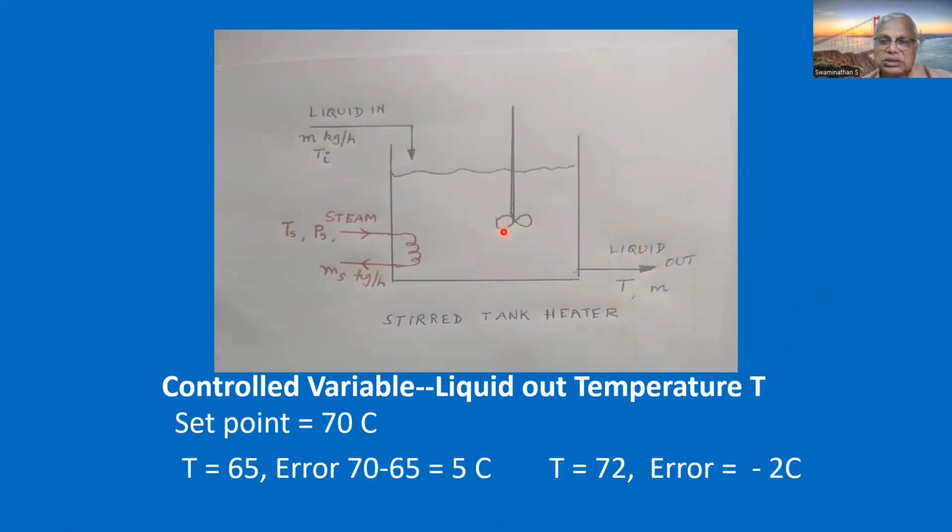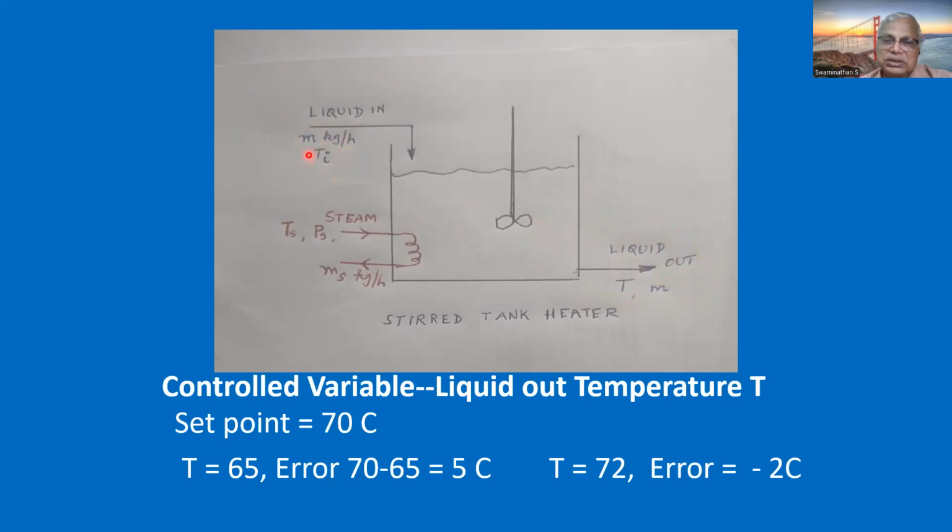I have designed this process for some particular value of m. If there is a difference in this flow rate, that can change this control variable, is it not? If this liquid inlet flow rate suddenly increases, then the liquid outlet temperature will get affected. It may become less. So this liquid inlet flow rate m is a load variable.